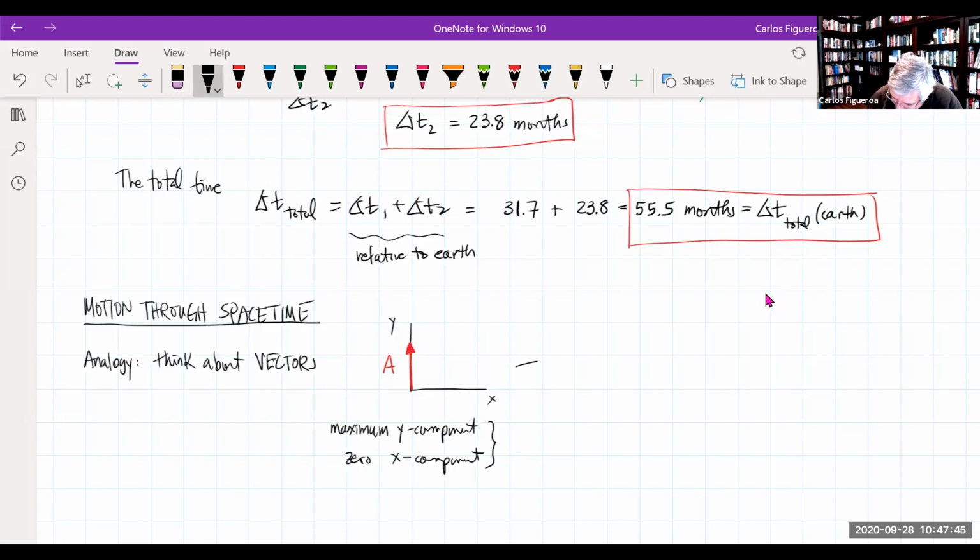But what happens if I now angle the vector A? In other words, if I come back to the same coordinate system, and I have the exact same vector here.